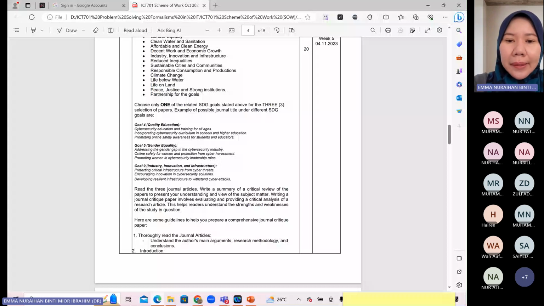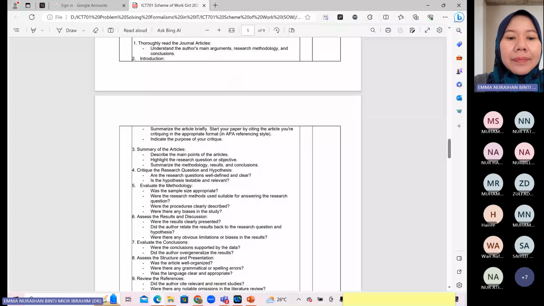And you have to find 3 journal articles that you have to review. How you review it, you have to compare and contrast some of the issues here. So I have put a breakdown on what to write in the journal article. All these requirements must be there in the journal article, right?